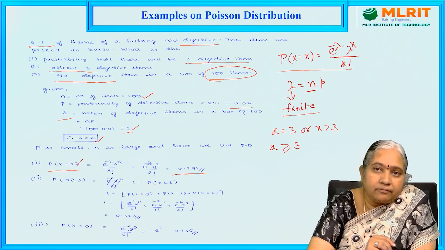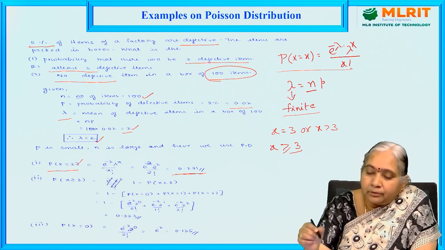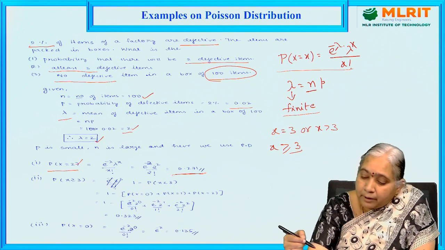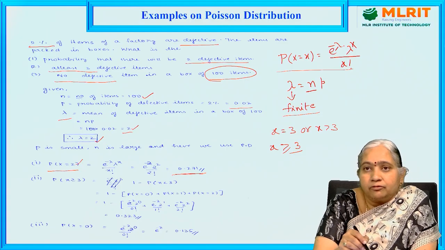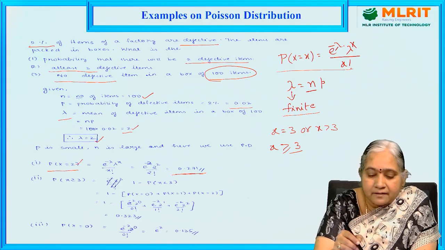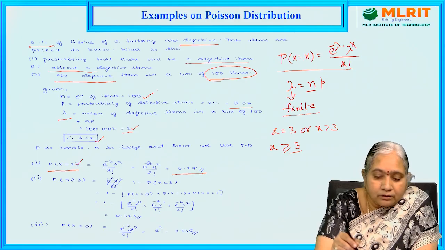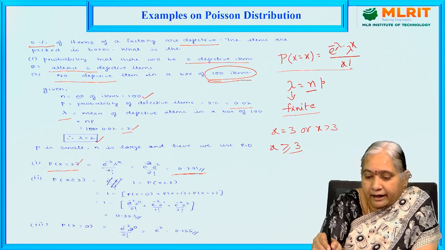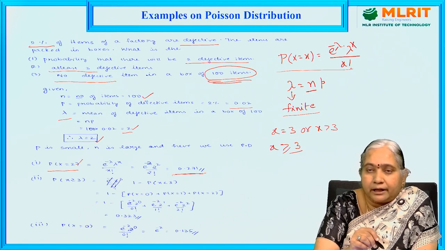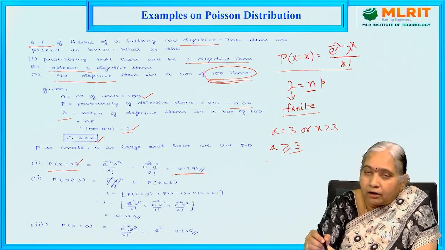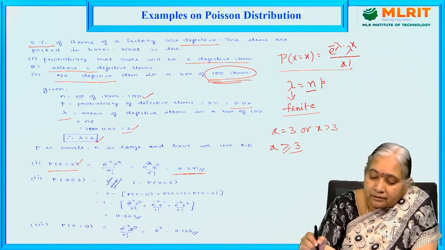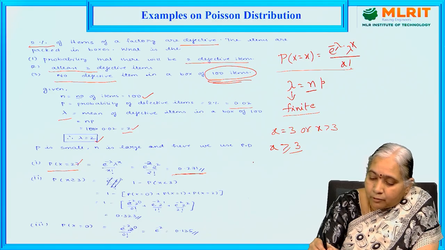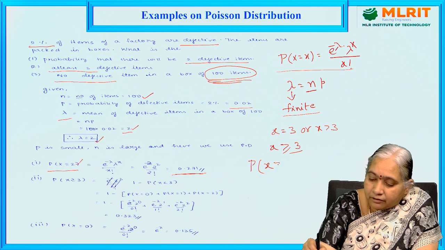At least 3 means the minimum value is 3 and the maximum value is the number of items contained in the box. We know that the box contains 100 items, so n is equal to 100. So the probability of at least 3 defective items is probability of x greater than or equal to 3.